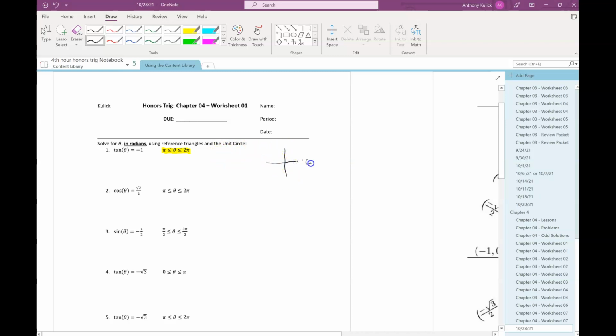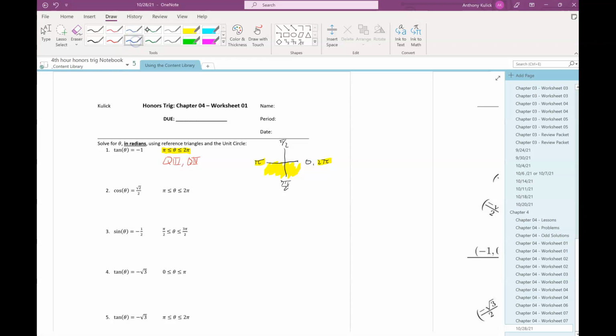So if I go around, there's 0, pi over 2, pi, 3 pi over 2, 2 pi. From pi to 2 pi covers quadrants 3 and 4. Does that feel okay?